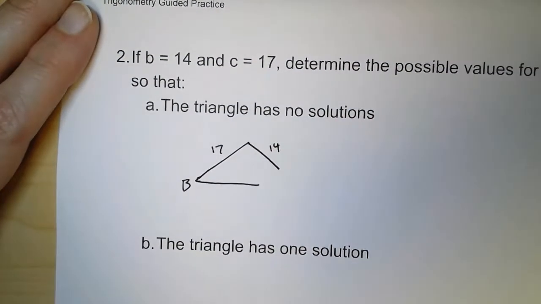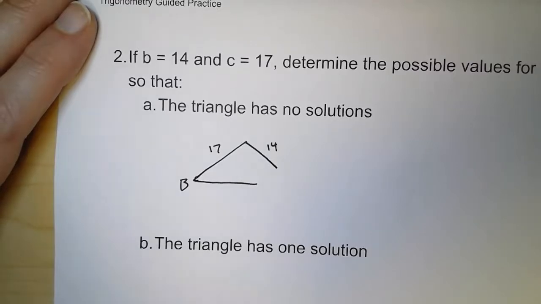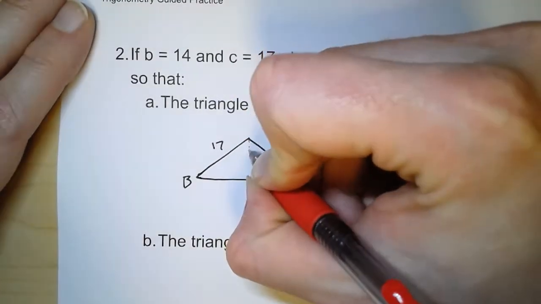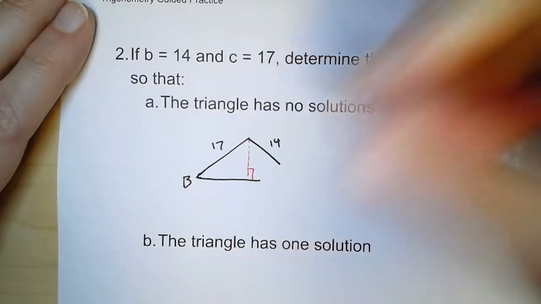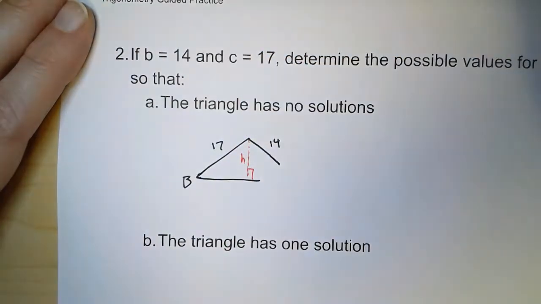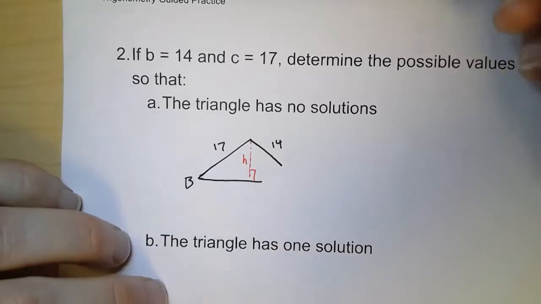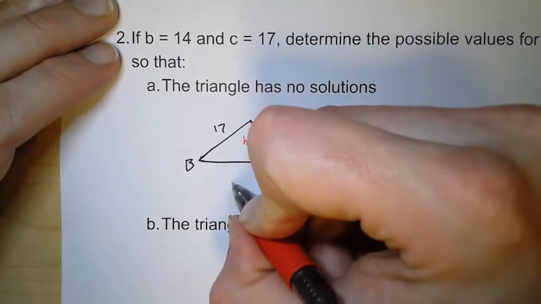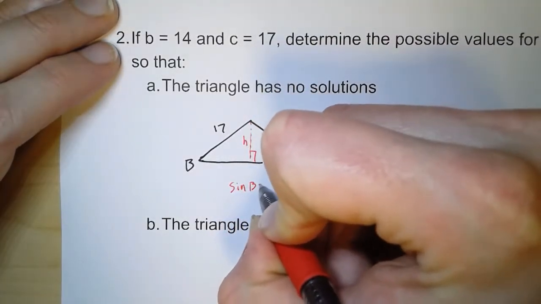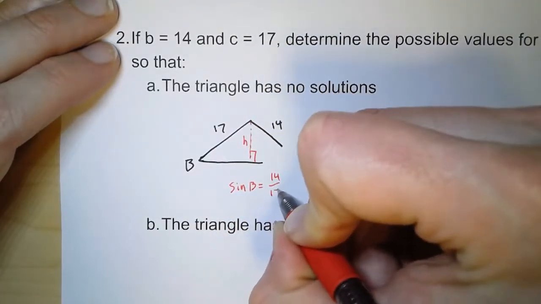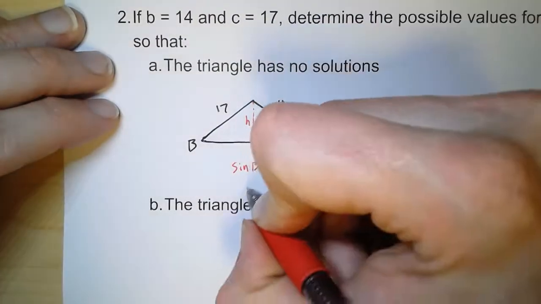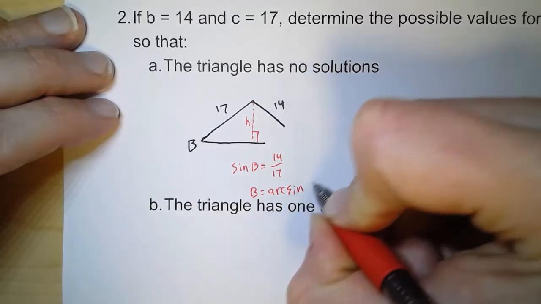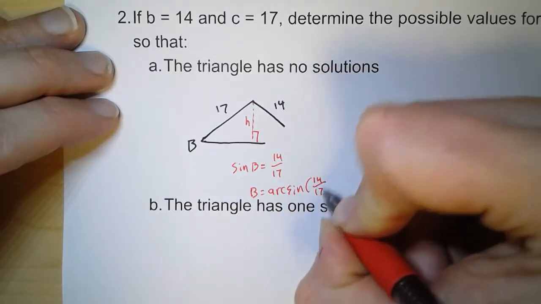Now, we don't know what angle B is, but what we're asking is what's going to cause it to have no solutions. Well, what if we draw down the height? Now, what if that height were 14? Let's see. Sine of B equals 14 over 17. So that means B is going to be arcsine of whatever this ratio is, 14 over 17.